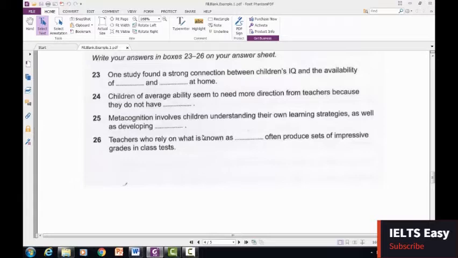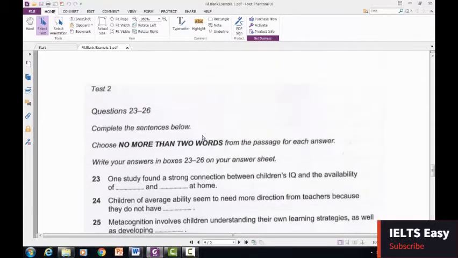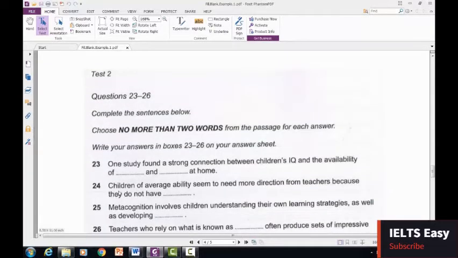So finding number 24 is actually going to be really easy, because number 24 has to come from a sentence that is found in between number 23 and number 25. So let's have a look and see if we can find that. Number 24: children of average ability seem to need more direction from teachers because they do not have. So what don't they have?